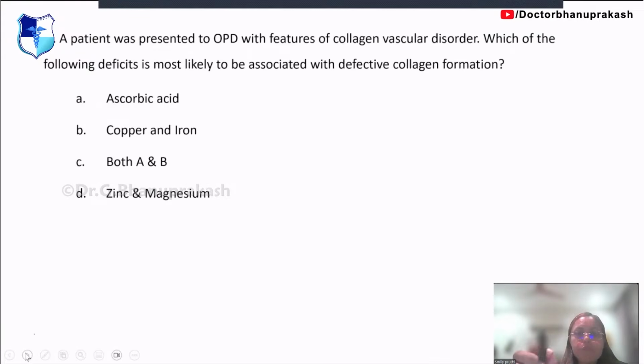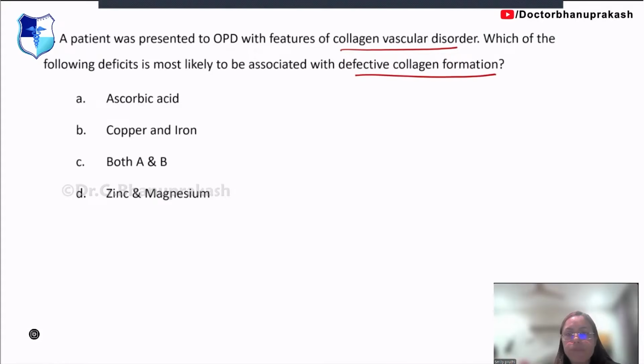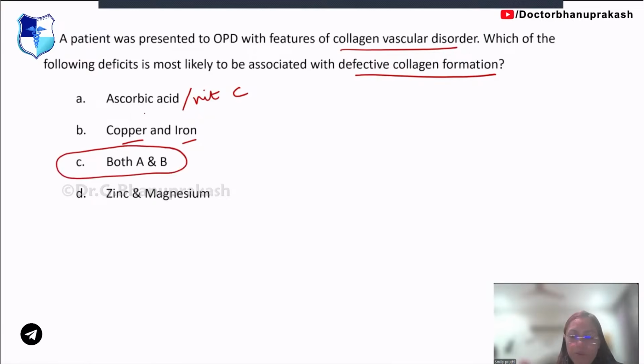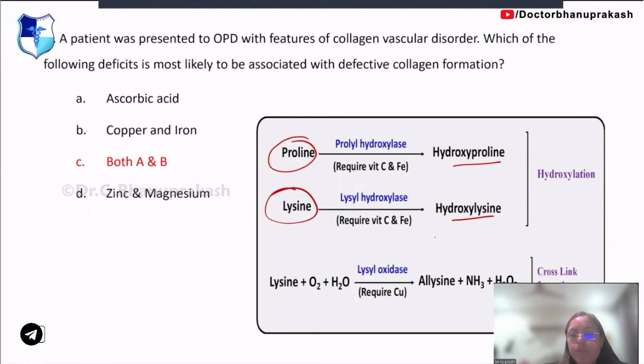Tell me the answer. Patient presented with a collagen vascular disorder. Which of the following deficiencies is most likely to be associated with defective collagen formation? For collagen, we require vitamin C, that is ascorbic acid, copper, iron. Both A and B are required, because proline and lysine are hydroxylated to hydroxyproline and hydroxylysine.